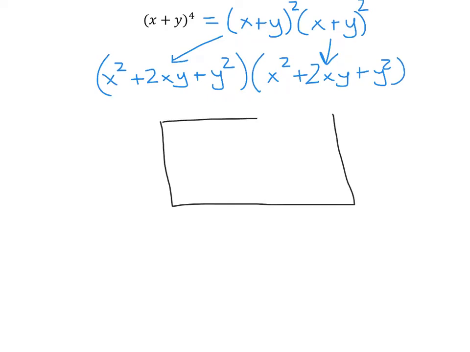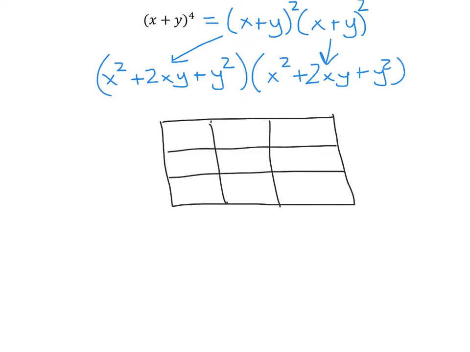I've got 3 terms multiplying 3 terms, so I'm going to make a box that's 3 by 3 just to organize all my distribution. On one side we have x squared, 2xy, y squared, and over here we have the same, x squared, 2xy, y squared.